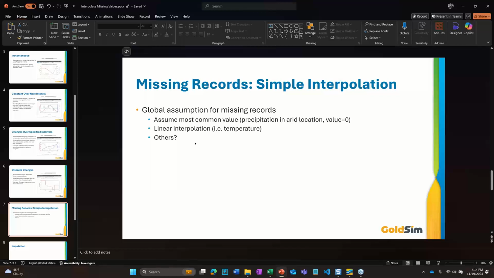And if that's the case, that's a pretty simple thing to do in GoldSim, because all you would need to do is set up a cumulative time series that you could then just calculate the rate of change over time. So let me explain that.